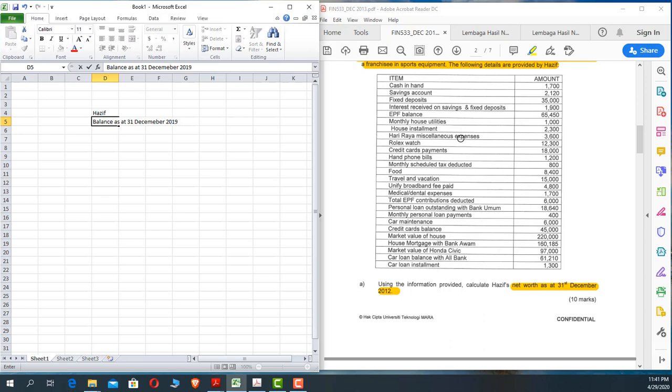Okay, and the first yang dibagi ialah, kalau dalam balance sheet awak kena tahu apa yang ada dalam balance sheet. Yang pertama, seperti yang saya bagi note lah, current asset ataupun liquidity asset, okay, and then dia ada lifetime asset, and also ada investment asset.